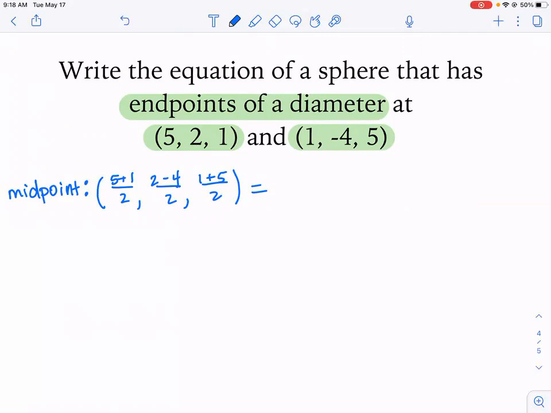Grayson, what's our midpoint? Okay, so this right here is our center.